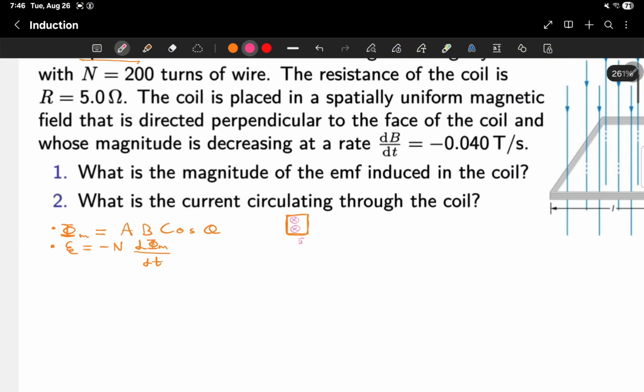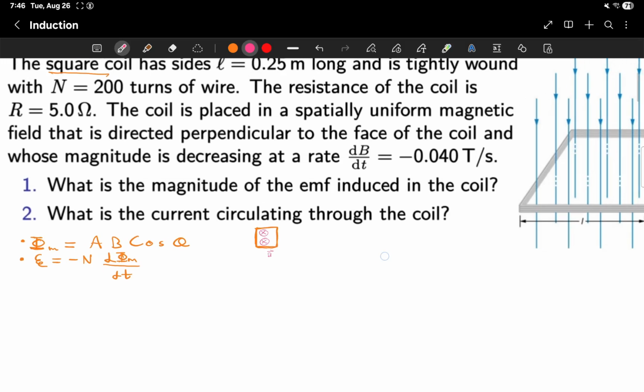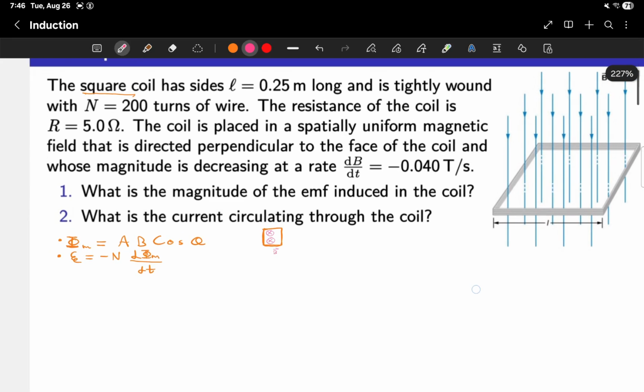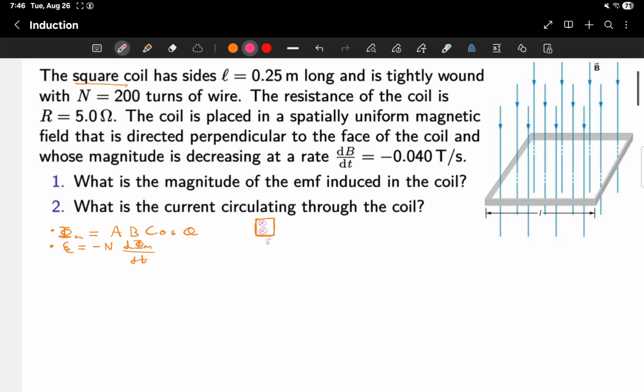And now we're being asked, what is the magnitude of the EMF induced in the coil? By shining an external magnetic field on a square coil, you are creating an electromotive force that is going to cause a current because of Ohm's law, the electromotive force being equal to the current times the resistance.